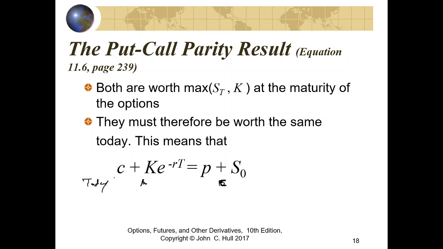So the value of portfolio A and the value of portfolio C today should be equal. If they are not equal, then we conclude that there is an arbitrage opportunity. So this is the fourth condition that we will rely on to make sure that there is no arbitrage opportunity when we are dealing with options.